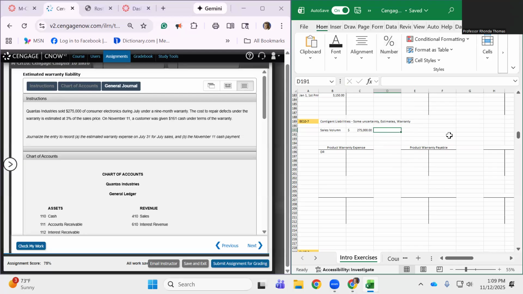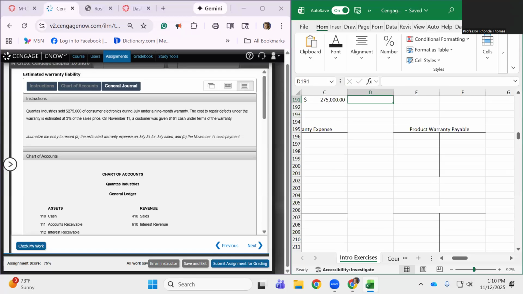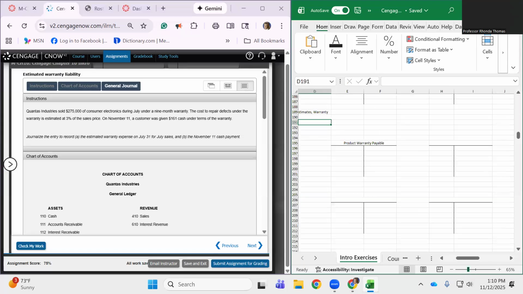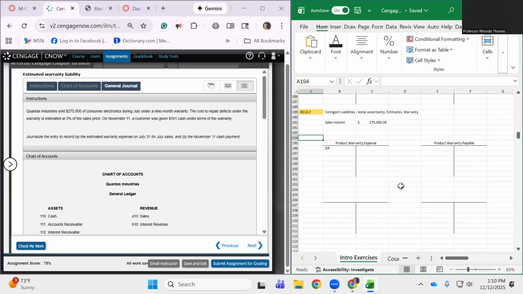There's probably some data that says, of anything we sell, we need to make sure we set aside 3% as a warranty. All right, so their warranty number is 3%. Warranty estimate equals 3% of sales.